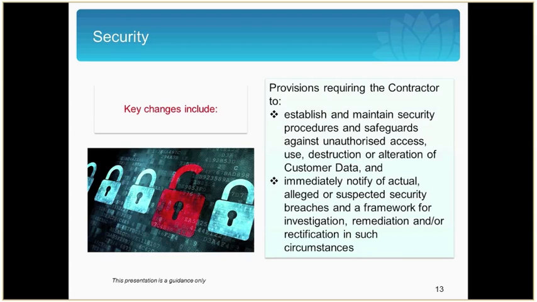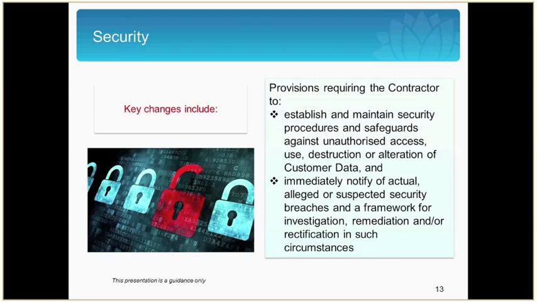The contractor must also notify the customer of the contractor's current safety and security procedures and any changes, and comply with secrecy and security requirements stated in the general order form or notified by the customer.